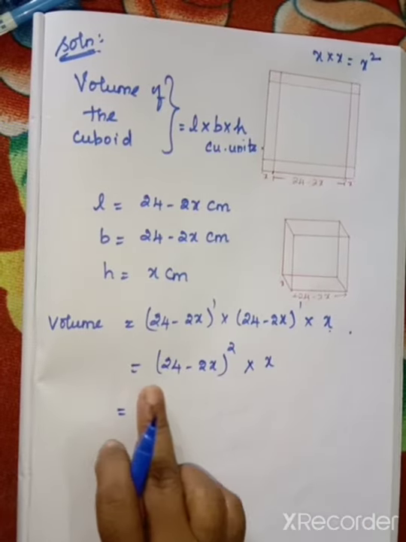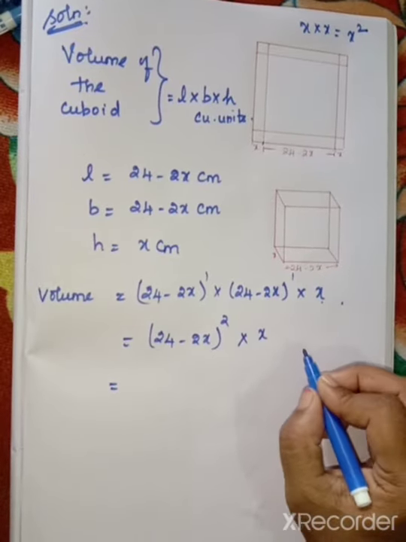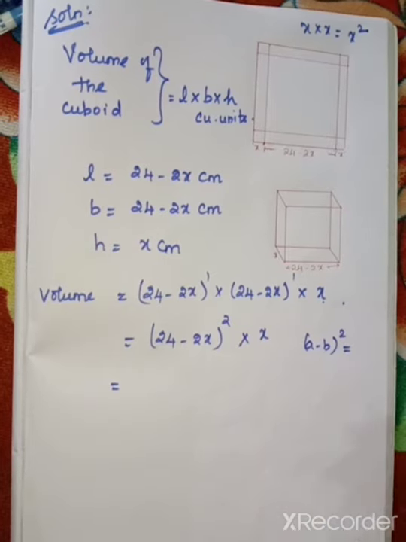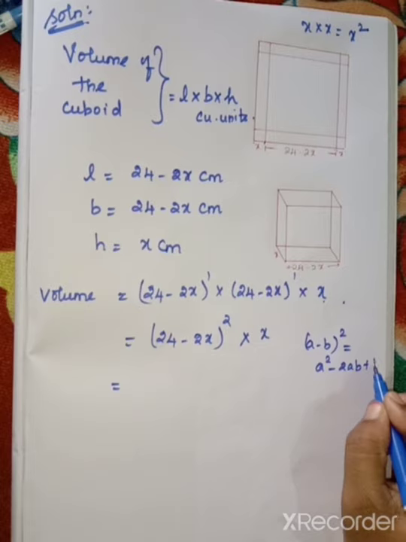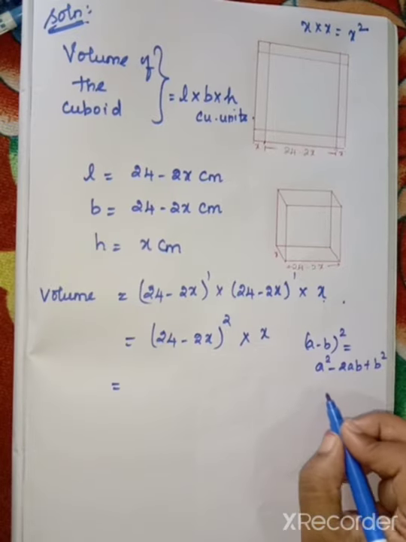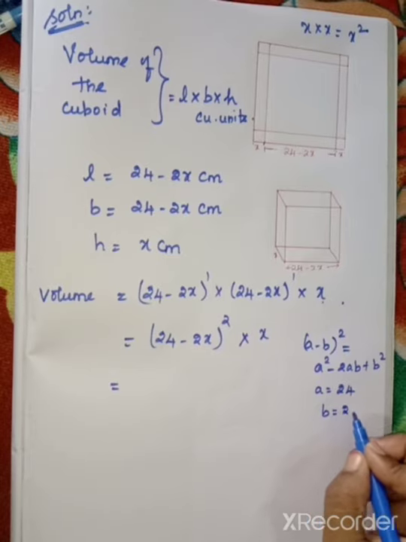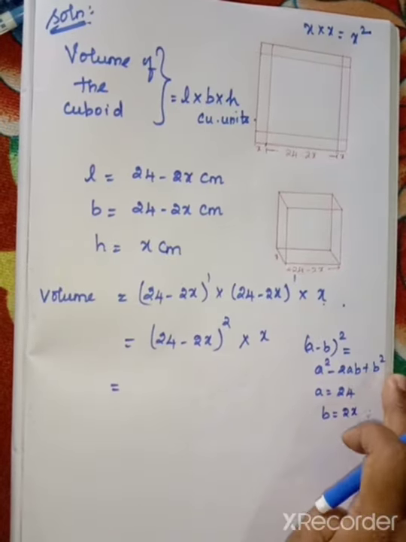So now here we can use the formula. What is that formula? That is a minus b the whole squared, that is equal to a squared minus 2ab plus b squared. Here a equal to 24, b equal to 2x. So now we want to substitute in the formula.